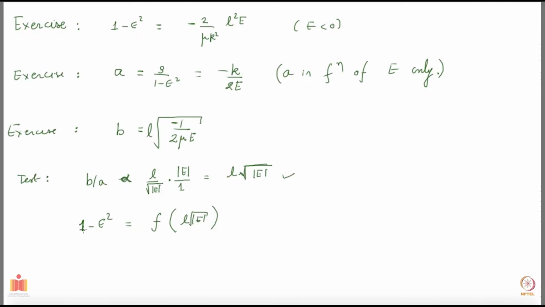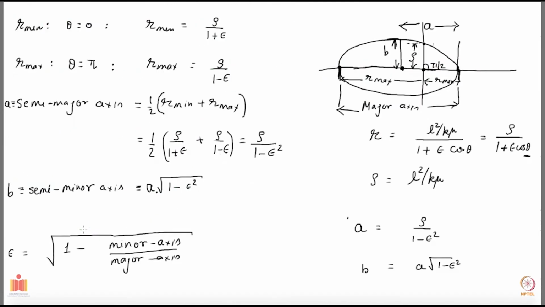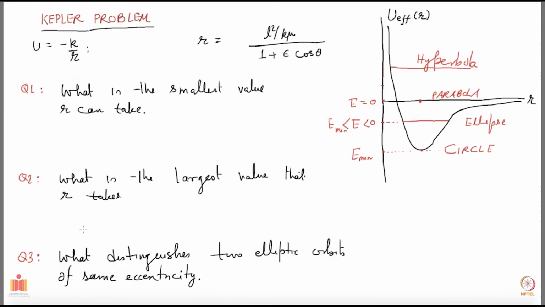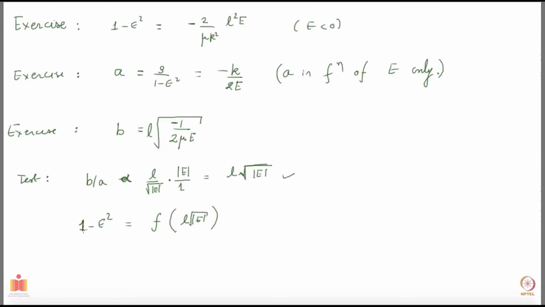Now let's ask the following. Let's go back to our third question. What distinguishes two elliptic orbits of same eccentricity? So what I'm really trying to ask is the following. Let's say I have fired my particle mu with some energy and some angular momentum, and I get some orbit of some ellipticity epsilon.